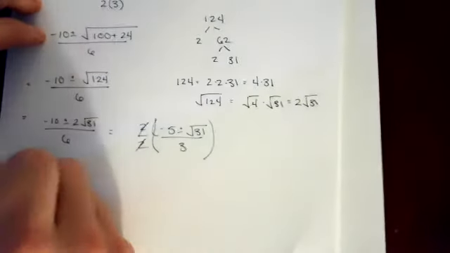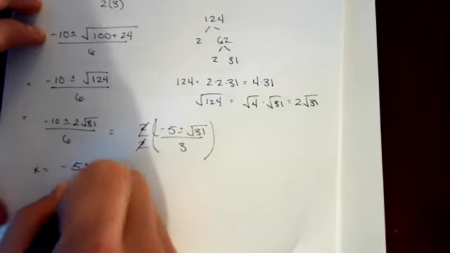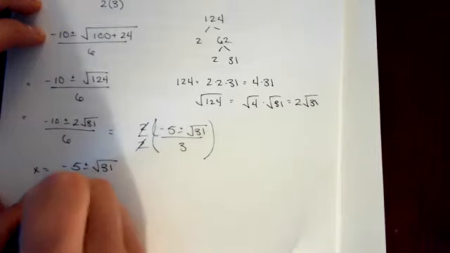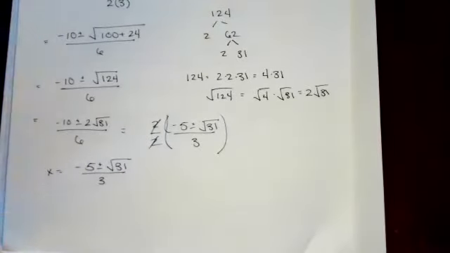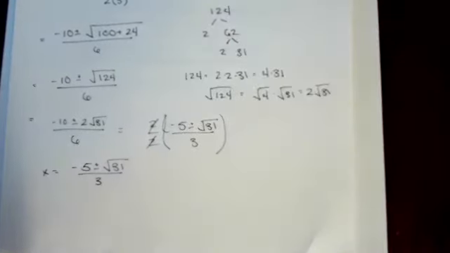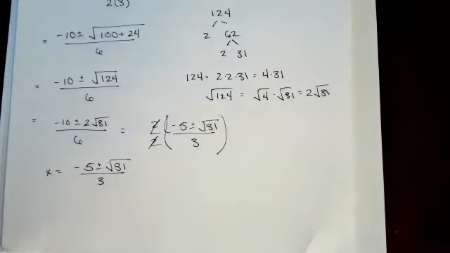Those will cancel, and we are left with negative 5 plus or minus square root of 31 over 3. Any questions on that?